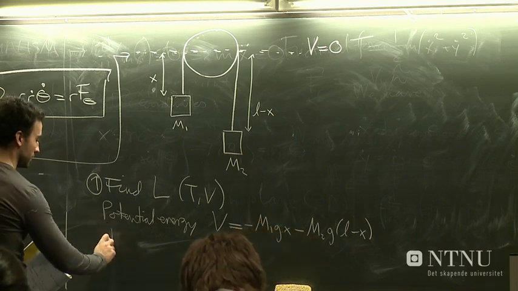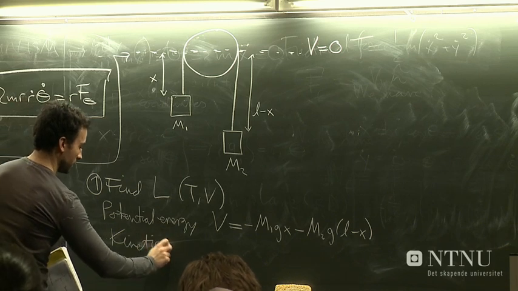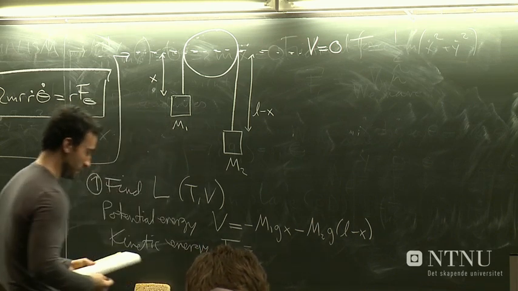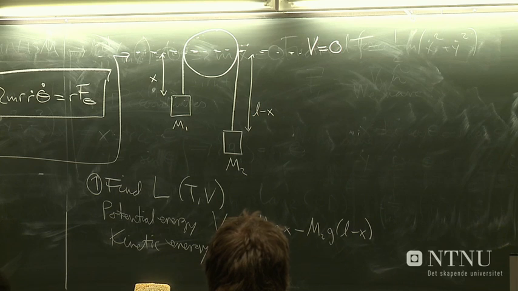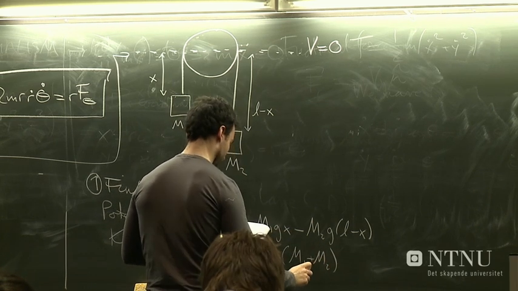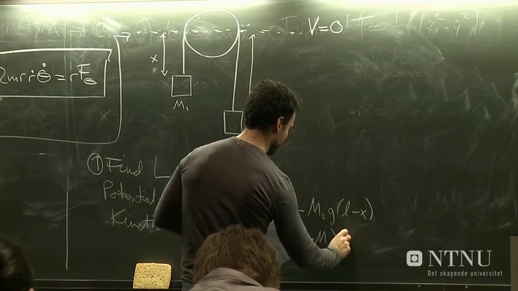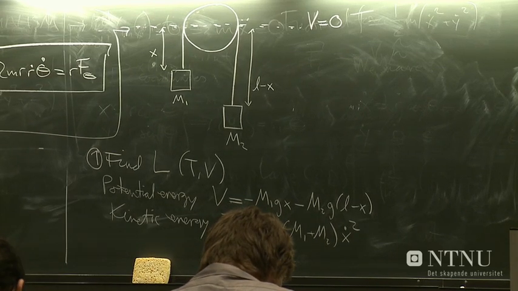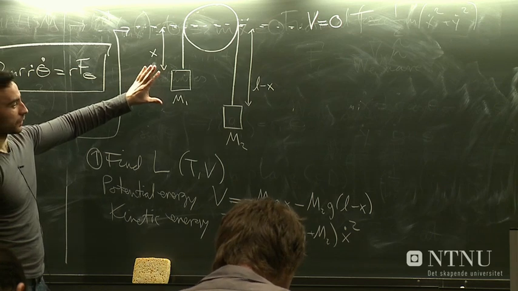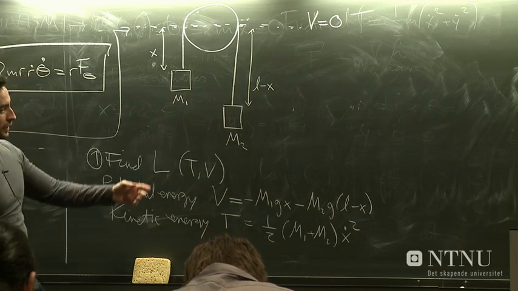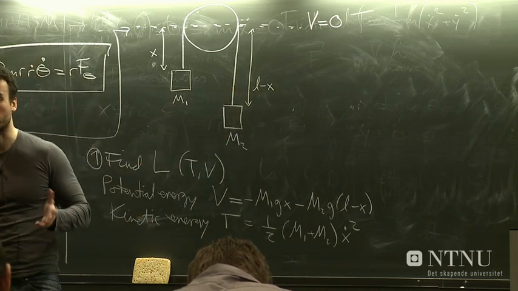Okay. Well, the kinetic energy will be given like this. It's just the 1/2 m velocity squared for each system. And even if you have a minus sign here, it vanishes when you square the velocity.